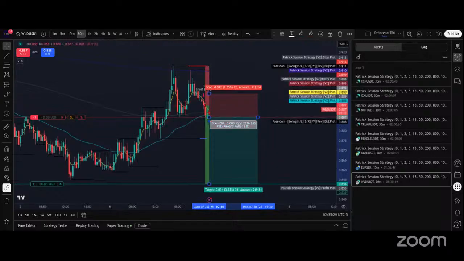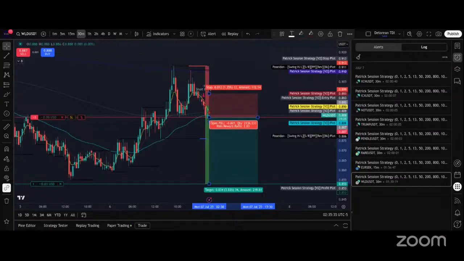Stop loss is going to be 0.913. That's going to be for 12 pips. And entry price is going to be 0.892.